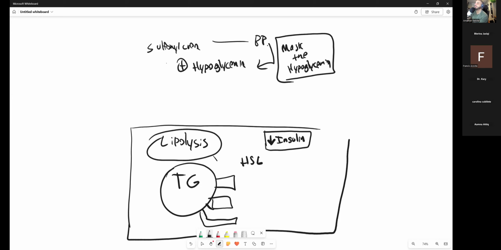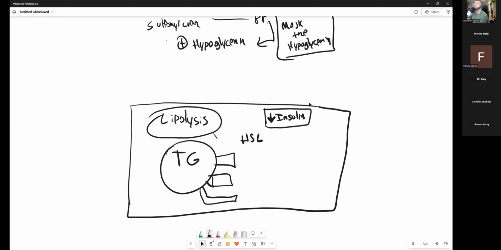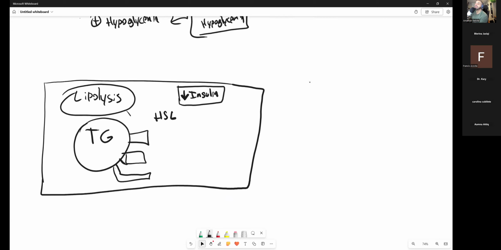So let me put this here very clear for everybody. Of course, there are other hormones involved as well, hormones like glucagon and epinephrine, all these stress types of hormones. But one thing that I'm going to put here is the decrease in insulin.